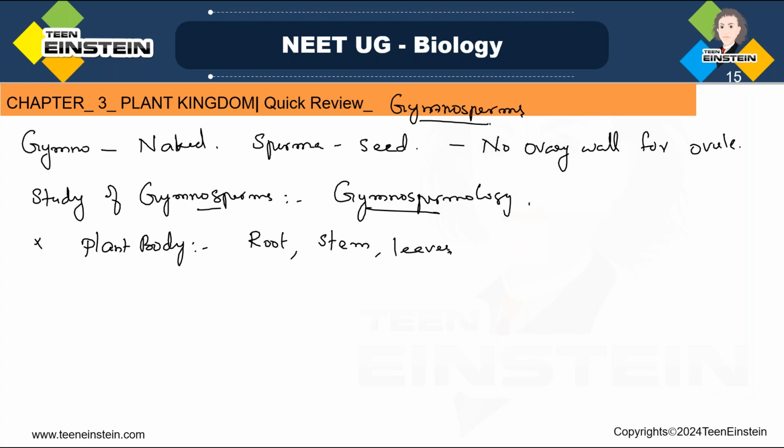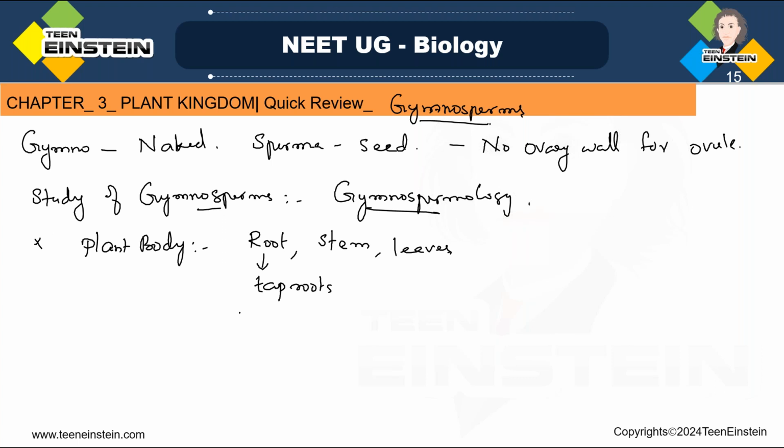About roots, the roots are generally tap roots. Tap roots means they are stronger, not fibrous. So generally roots are tap roots, and in some genera, in some gymnosperms, we can see roots with fungal association.